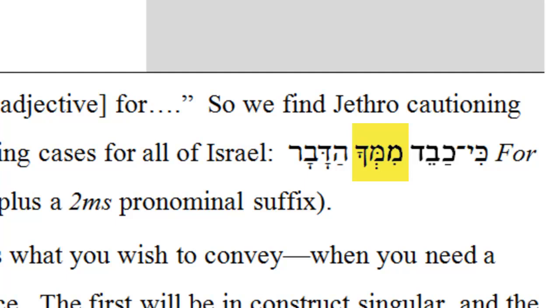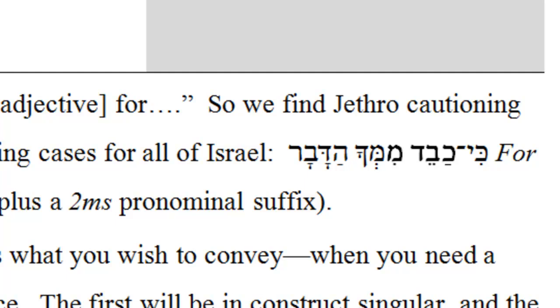You'll learn more about these common prepositions such as min, when followed by pronominal suffixes in a later segment. So, adjective plus min is the same grammatical structure that we've seen for the comparative, but in this context, it describes something excessive. The task, Moses, is too heavy for you.